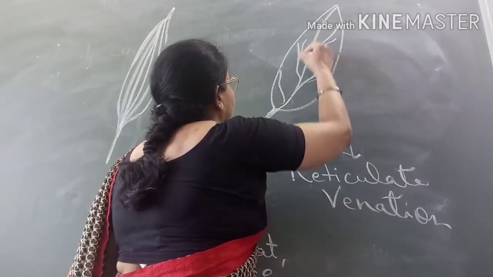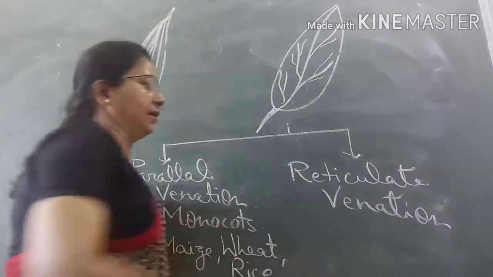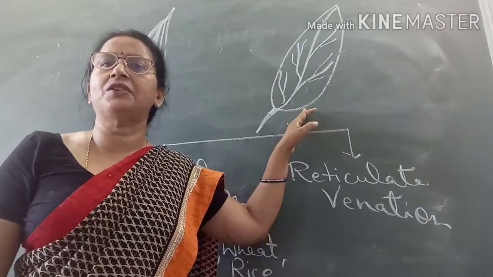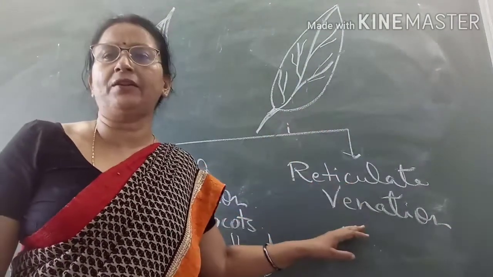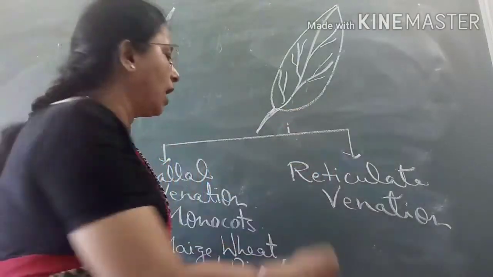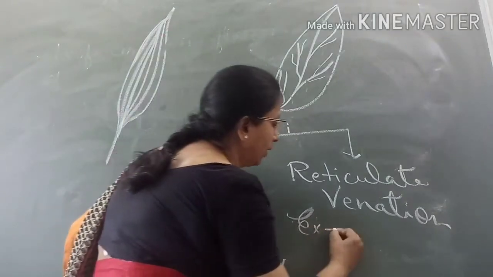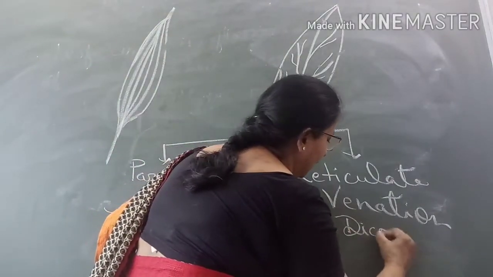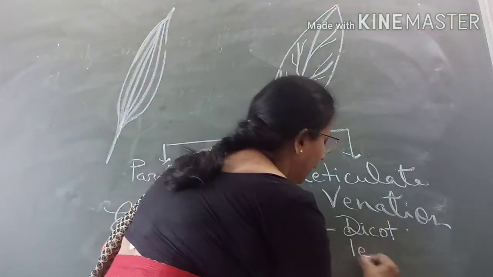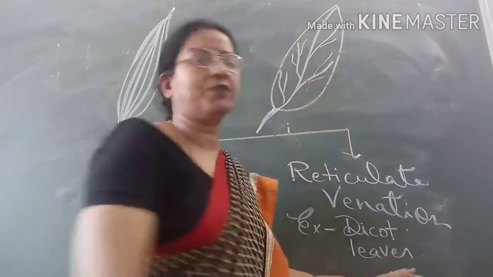It is arranged in reticulate manner. That's why such type of venation is called reticulate venation. Reticulate venation is found in all dicot leaves. In all dicot leaves, such type of venation is found.